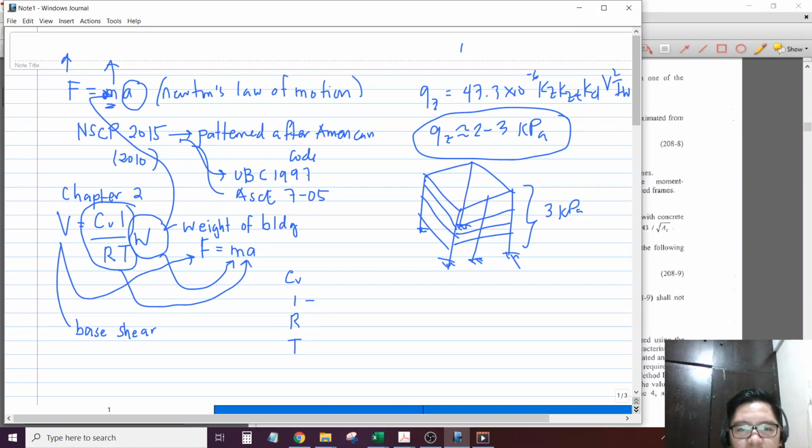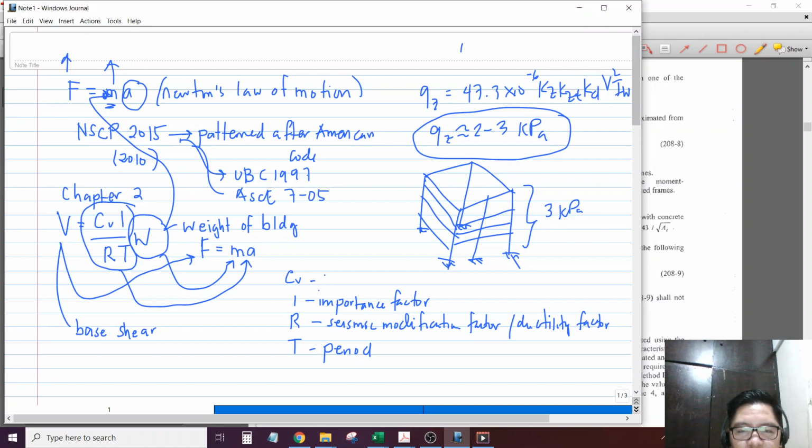Okay, I is actually the importance factor. R is the seismic modification factor. O yung iba, ang tawag dito is the ductility factor, the response modification factor. Okay, ductility factor. T is the period of the building.